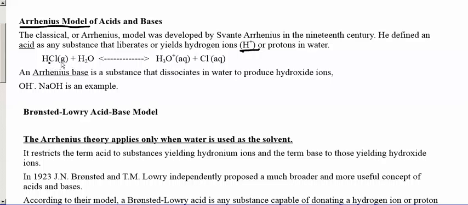I drop HCl into water, I get the H coming off and joining up with the water, so I get H3O plus, and I get Cl minus. And an Arrhenius base dissociates in water to give me OH minus ions, and NaOH is the classic example.